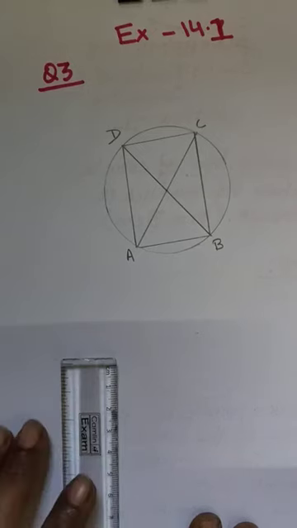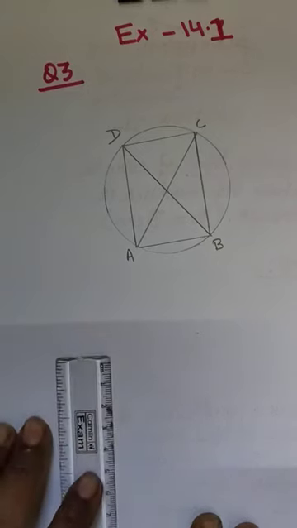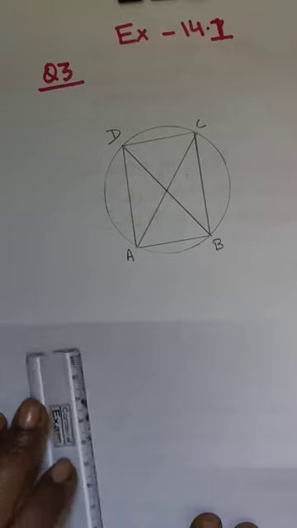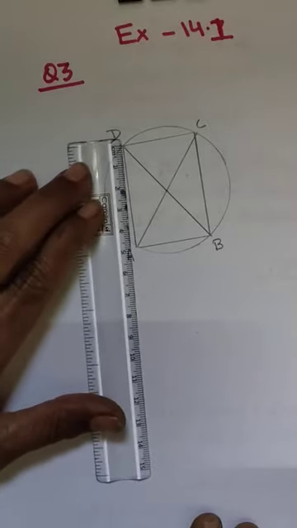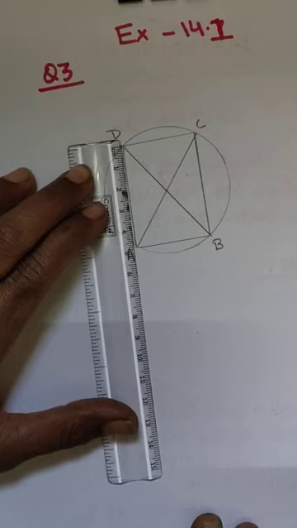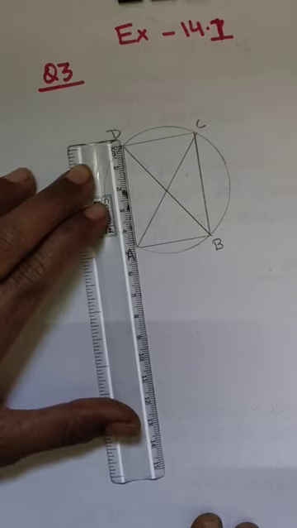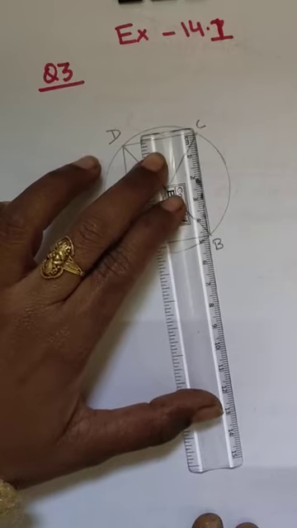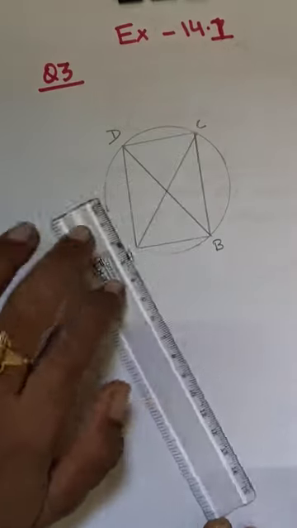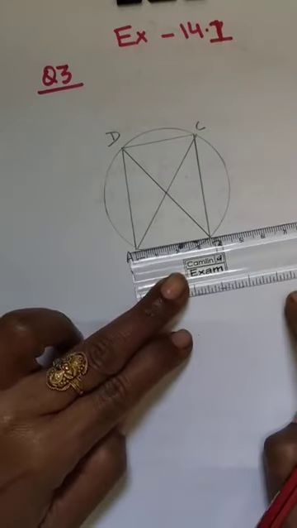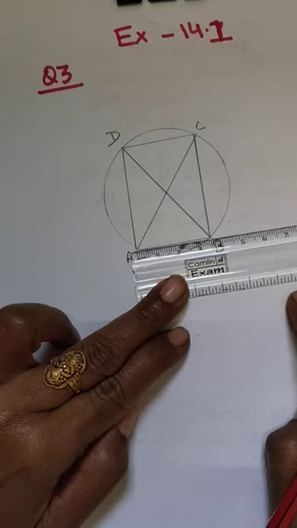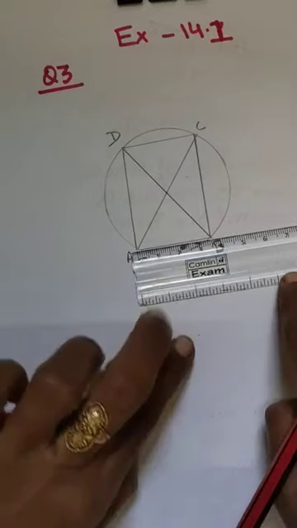Now what is asked? What figure is obtained? By joining the ends of two diameters, we get a rectangle. How can we check? We can check it by measuring it. Now see, DA. DA is 4.6 centimeter. Now see AC, it is also 4.6 centimeter. Now measure AB, 3.6 centimeter.